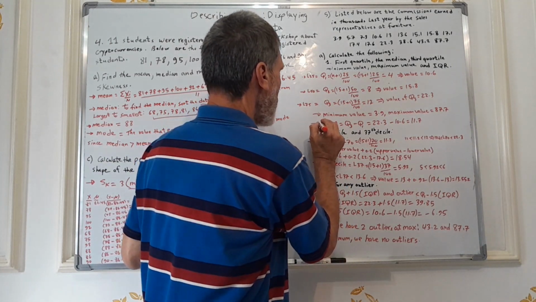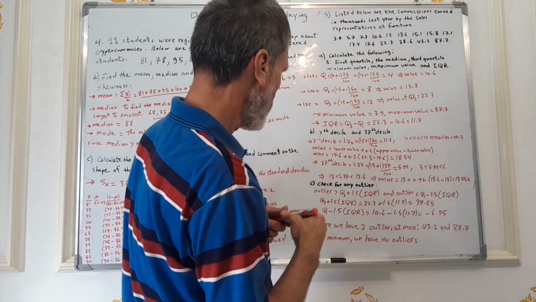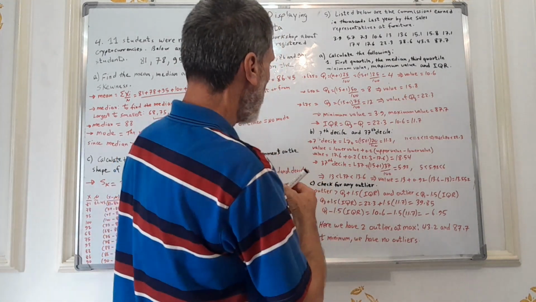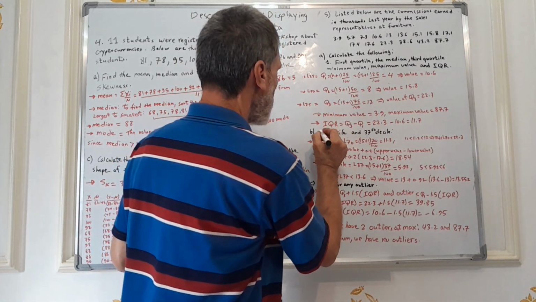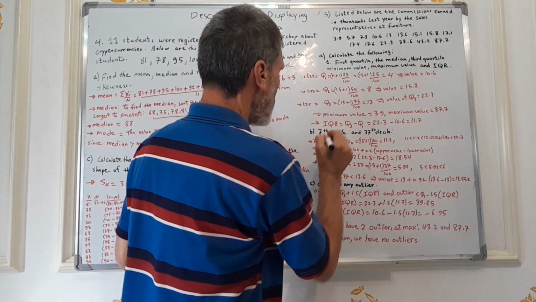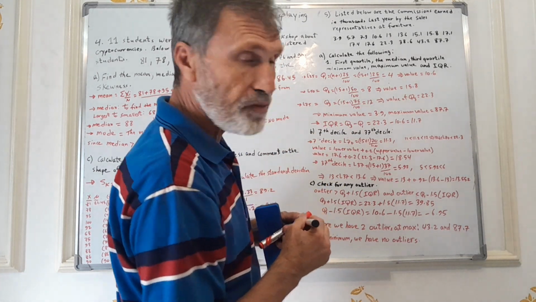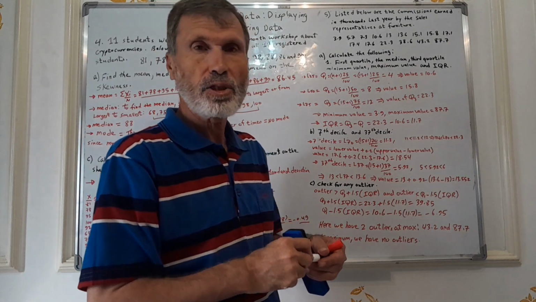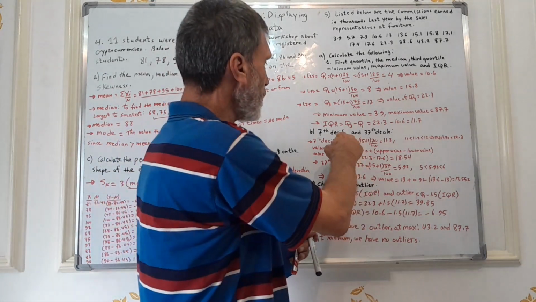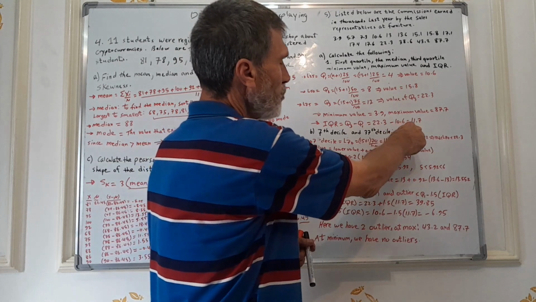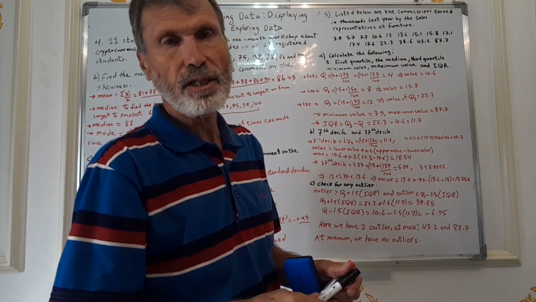As you see, the interquartile range is the difference between Q3 and Q1. So we just do Q3 minus Q1, and we come up with 11.7. This is the interquartile range.